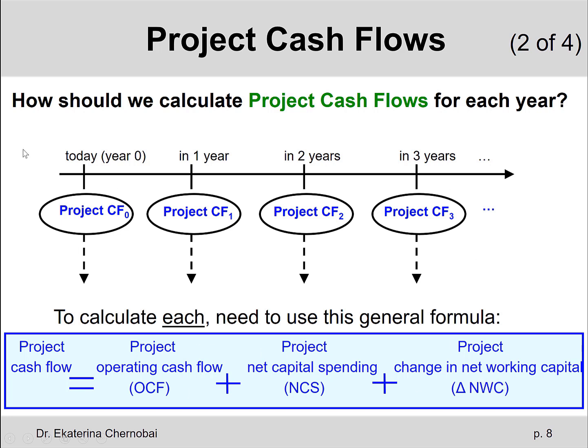So essentially, what this all means is that 1 year at a time, we calculate the operating cash flow, the net capital spending, the change in net working capital. Then, once we get these 3 numbers, we add them together, and that's the project cash flow for that specific year. And then we repeat the whole thing for each year of the project.